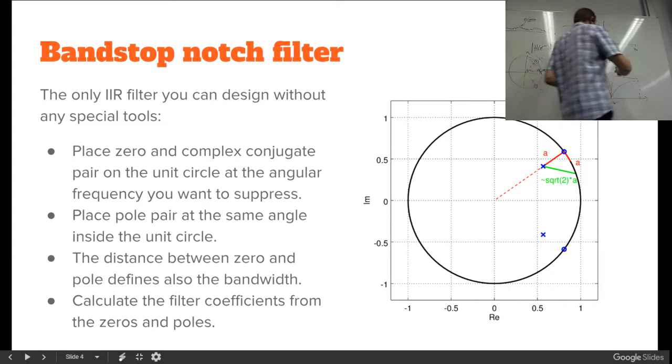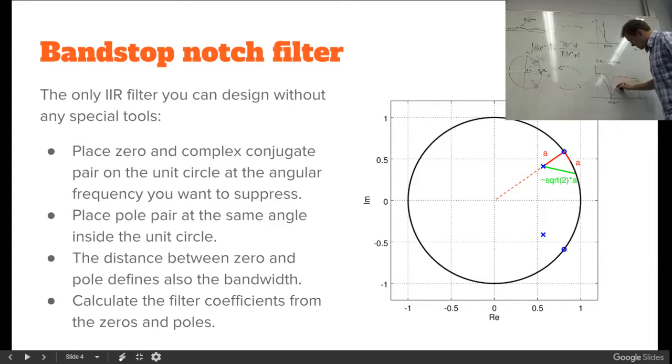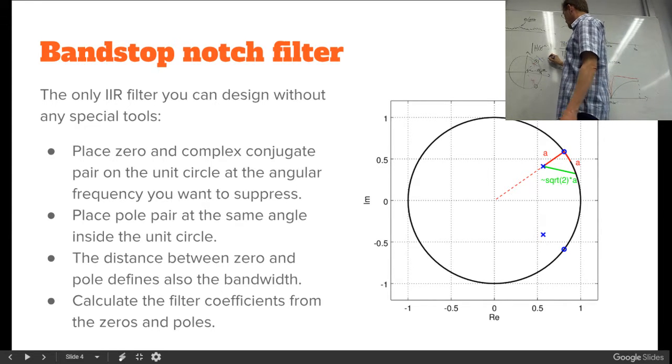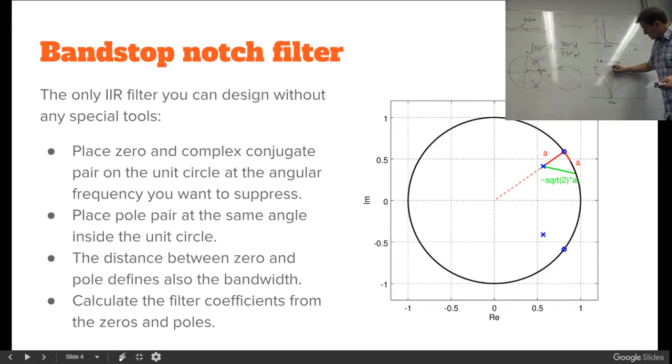So we can design the whole thing by hand. If this one, for example, is 10 hertz, then we just calculate the corresponding angle of 10 hertz, and we can put this pole at the correct distance from the unit circle, and basically we have full control of how this looks.